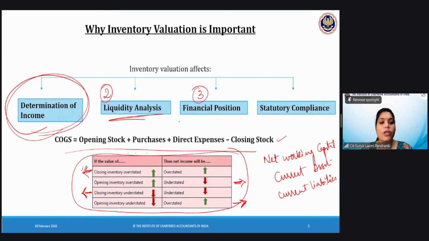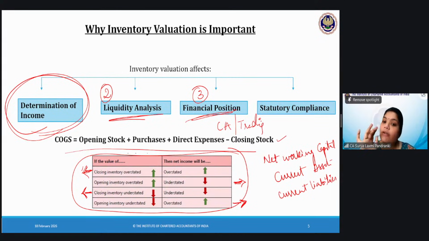Your liquidity position is determined, and inventory plays a major role in that liquidity analysis. And also the financial position, because it is part of your current asset. Inventory is definitely part of your current asset, and also in the form of the trading account. So in the trading account, you will determine profit. And where does the profit go? Profit goes to your balance sheet again.